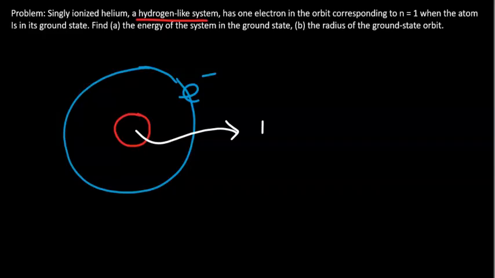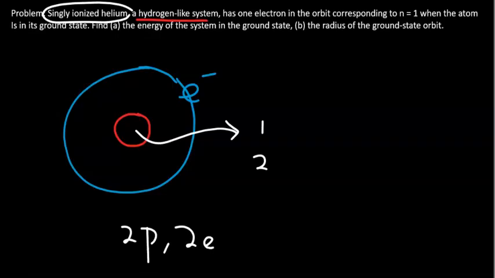If the number of proton in the nucleus is 2, that means we are dealing with a singly ionized helium. Ordinarily, a helium atom consists of 2 protons and 2 electrons. When one of the electrons is knocked out by some process, leaving such a hydrogen-like system, the resulting system is known as a singly ionized helium.